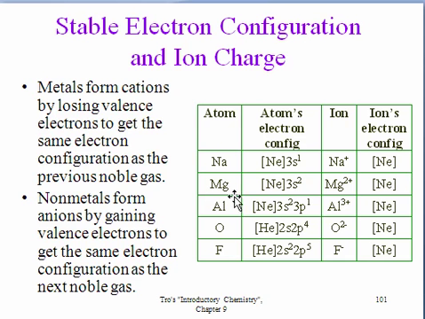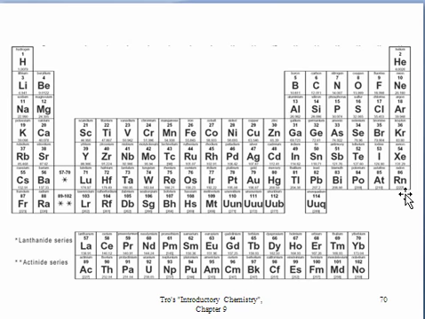While the alkaline earth metals are 2 away from a noble gas configuration. If they lose 2 electrons to have a +2 charge, they also gain a noble gas configuration. So that is why the alkaline earth family always has a charge of +2.